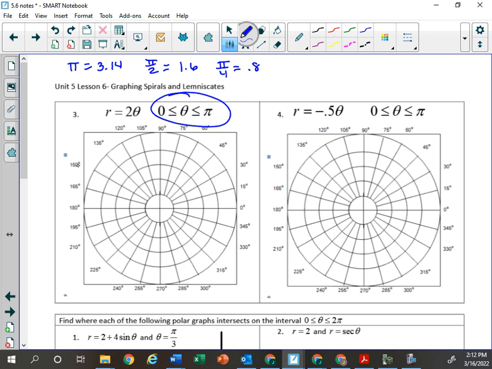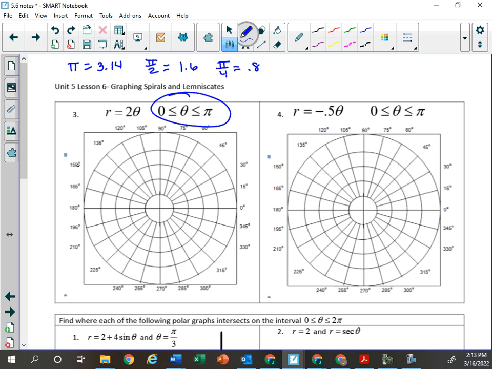What would you do if you didn't put a domain? It would grow forever. It would just continue.